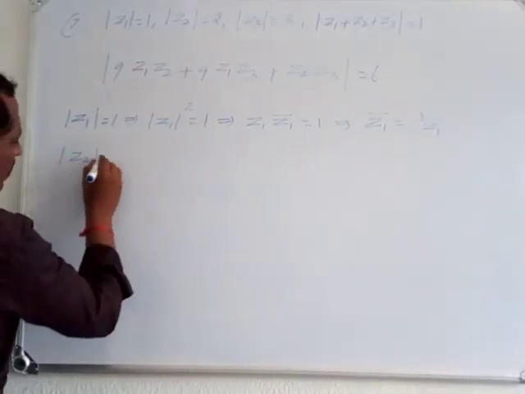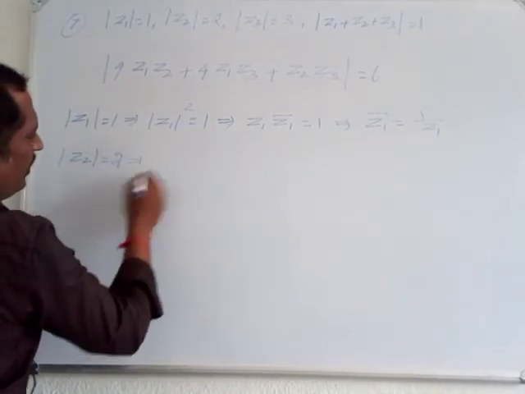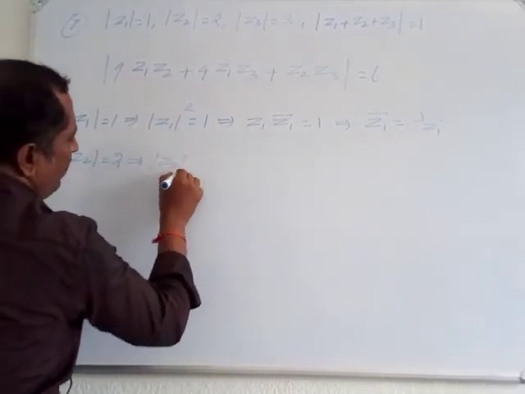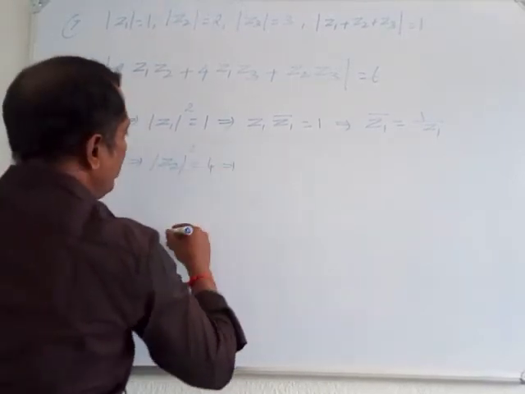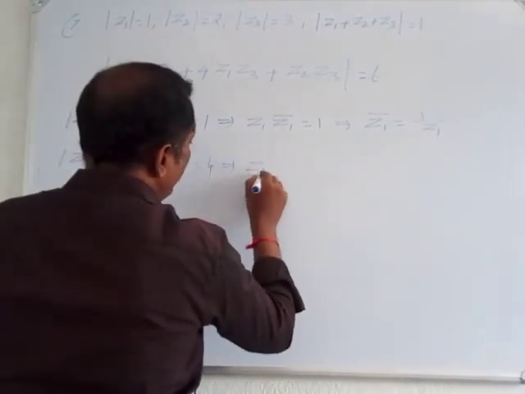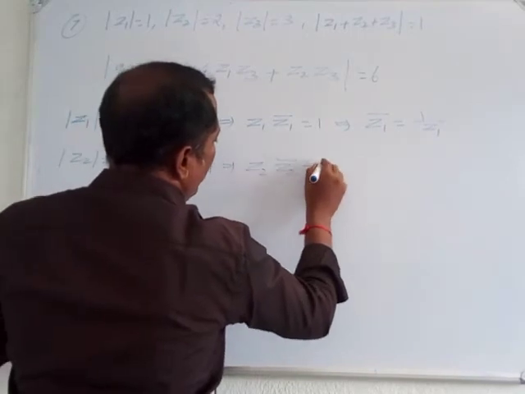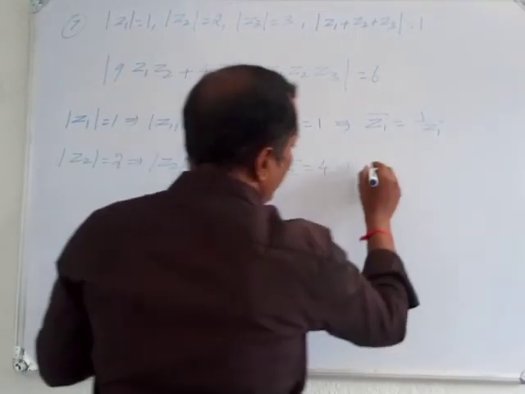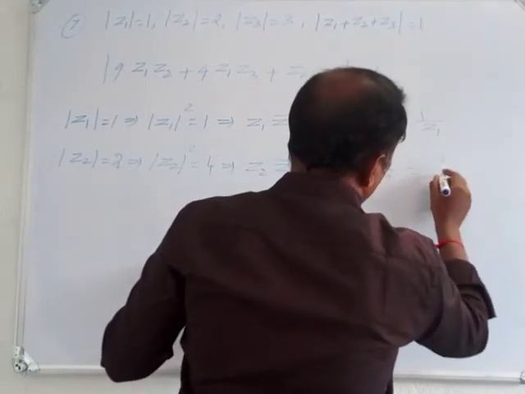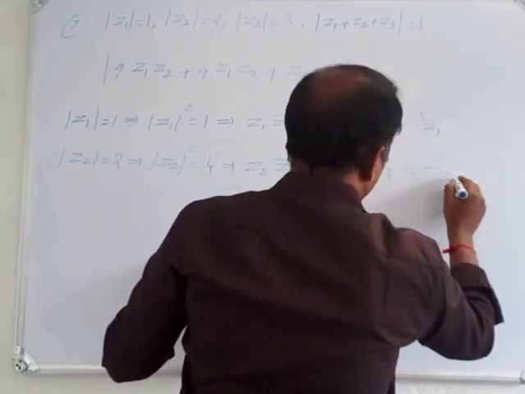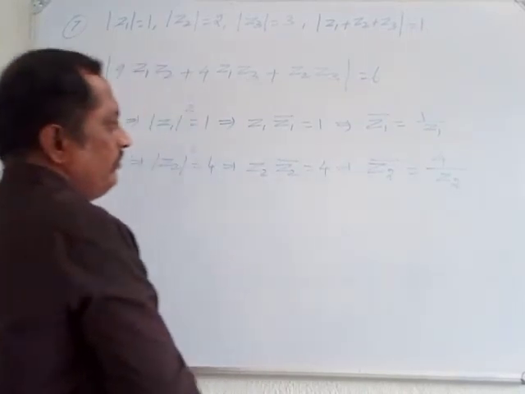At the same time, modulus of z2 is equal to 2. This implies modulus of z2 square, squaring on both sides, we get 4. This implies z2 into z2 bar is equal to 4. This implies z2 bar is equal to 4 divided by z2.